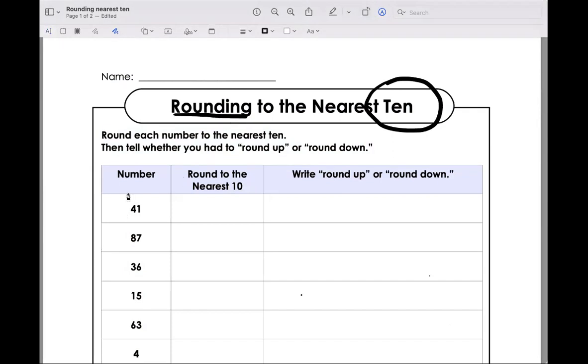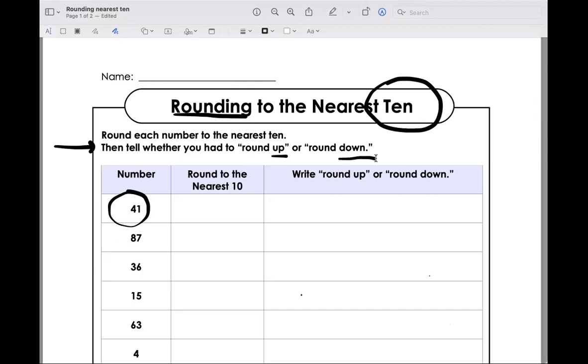Step one, we look at our number. Our number is 41. We want to round that number to the nearest 10. So, as our directions say, we have to tell whether we are going to round up or round down.